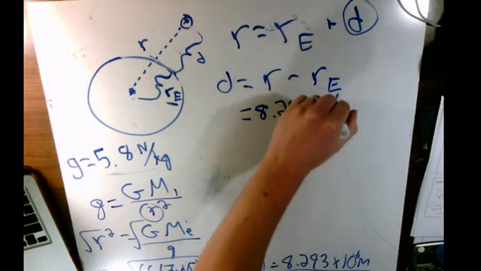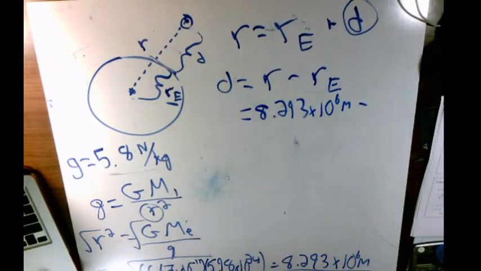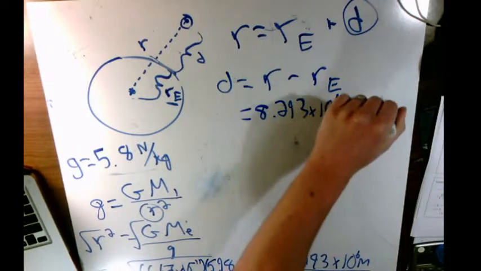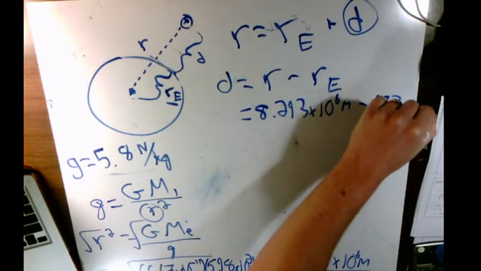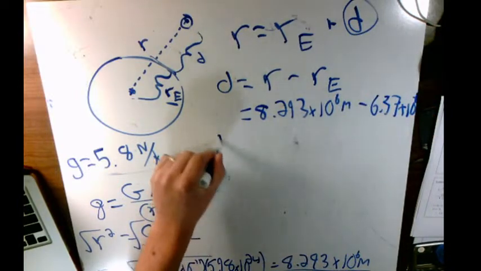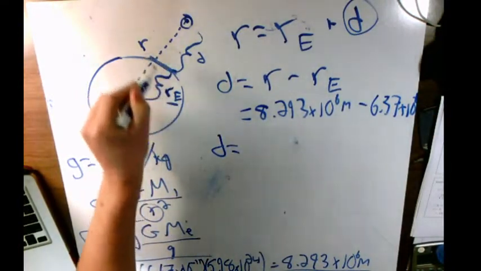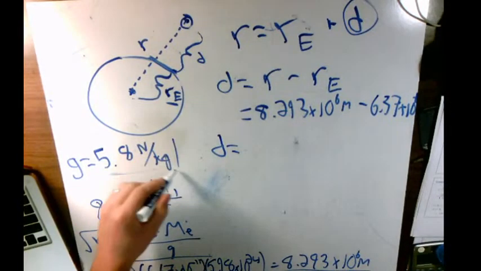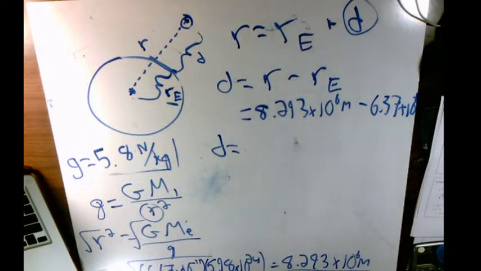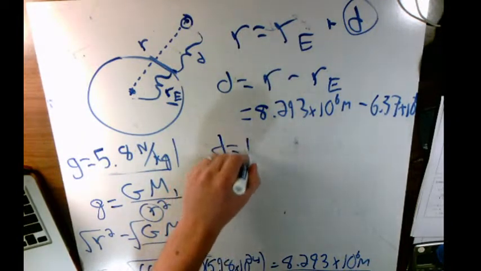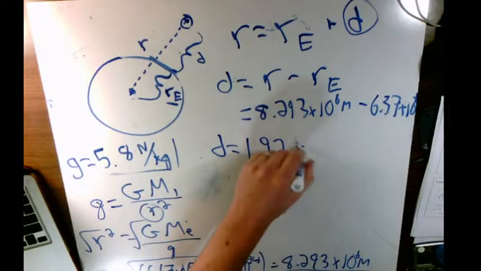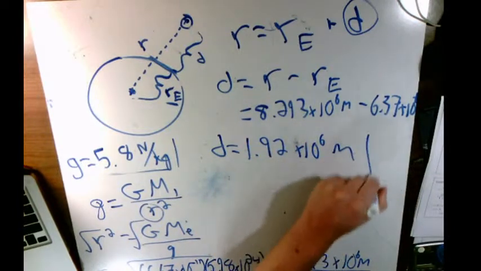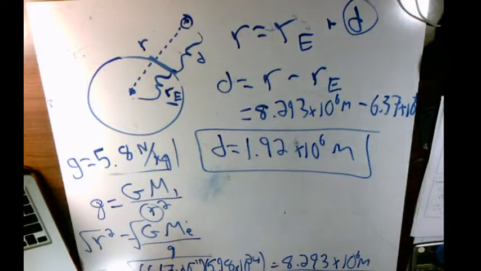which is 8.293 times 10 to the 6 that we just solved, minus the radius of the Earth, which was 6.37 times 10 to the 6. So the distance from the surface of the Earth to the object above, where it has a gravitational field strength of 5.8 newtons per kilogram, is 1.92 times 10 to the 6 meters, which is, what is that, 19,000 kilometers above the Earth?